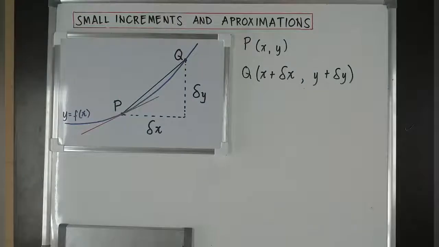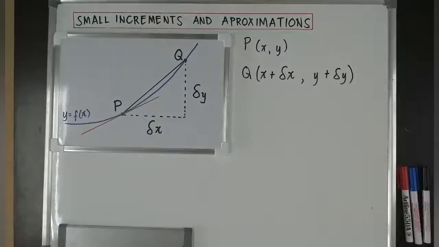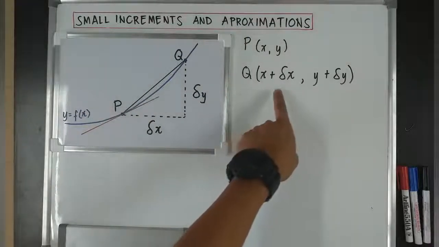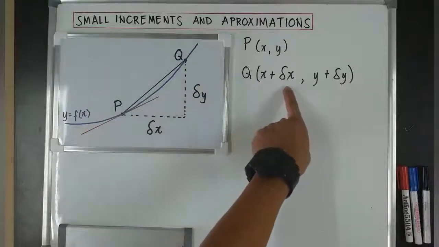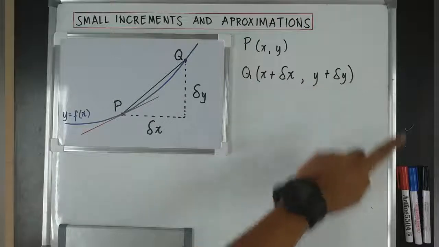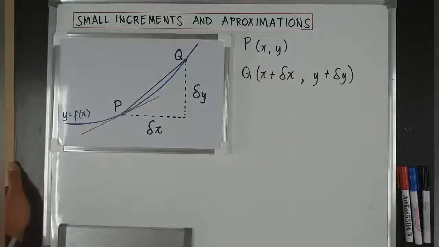So this is the value or the coordinates of Q. Now, what are we going to do about all those things that I have put in? So, if P is x, y, Q is x plus a small increment of x, comma, y plus a small increment of y. What do those points mean?